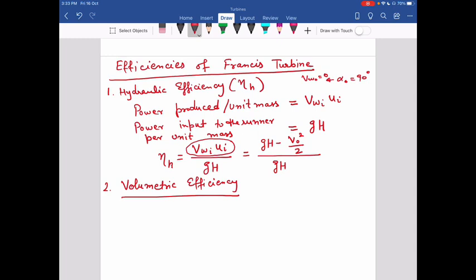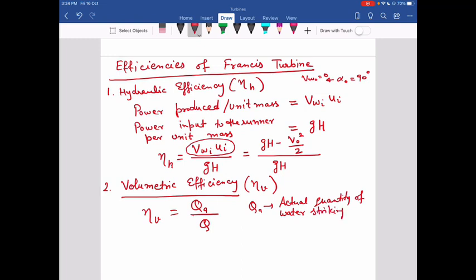We denote this by eta V. So eta V is QA divided by Q. QA is the actual discharge, or actual quantity of water striking the blades or runner, and Q is the total discharge, or total quantity of water supplied.